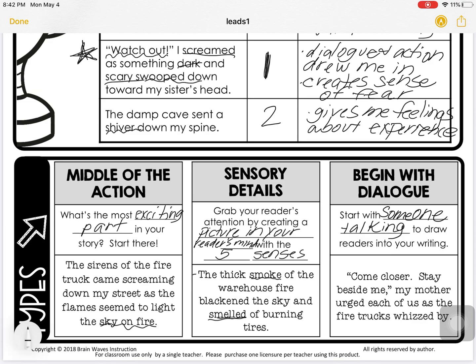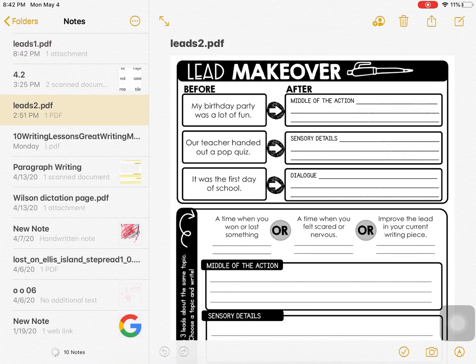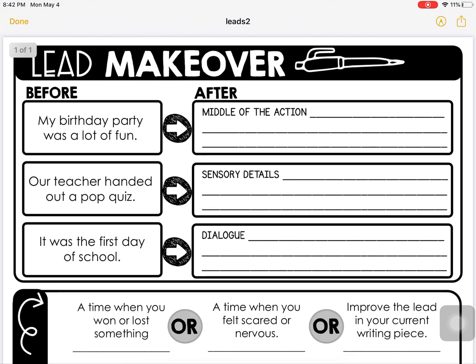This is what I want you to practice today. So now let's move on to the second page and do a lead makeover. You're going to be given some pretty plain, rather boring sentences and try these different leads out. I'm going to model the middle of the action.